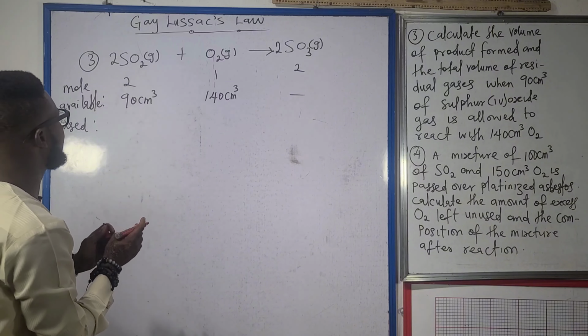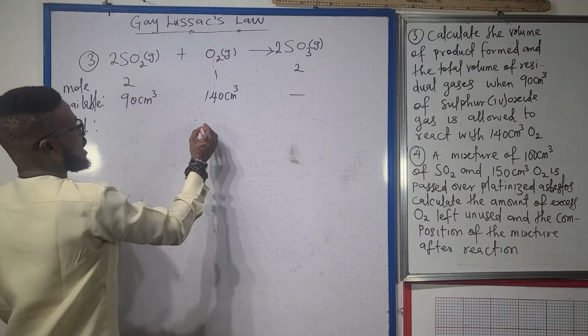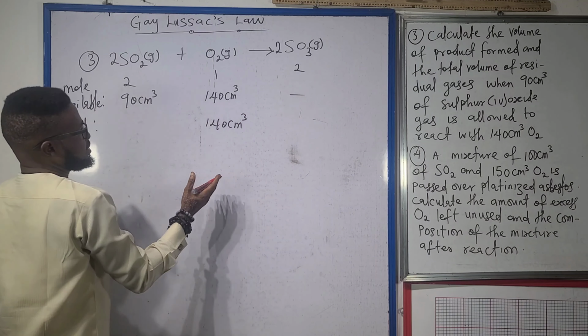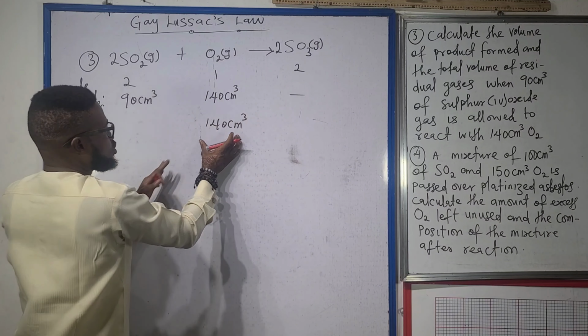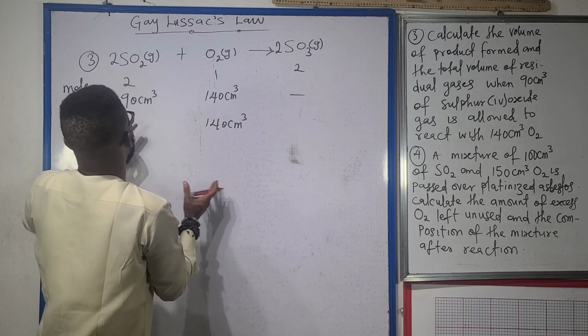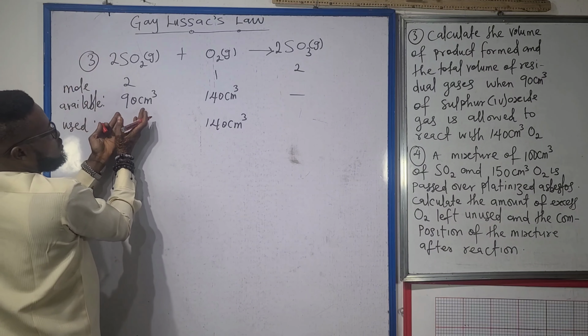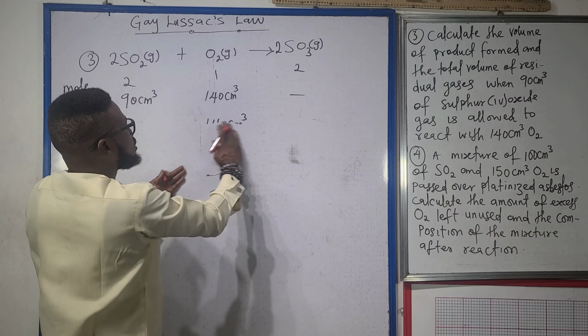If I should say, for example, 140 cm³ of oxygen is being used up, it means 1 mole here represents 140 cm³. So for me to have 2 moles here, I'll need 140 times 2, that's 280. But I don't have up to 280, so I cannot go this way.